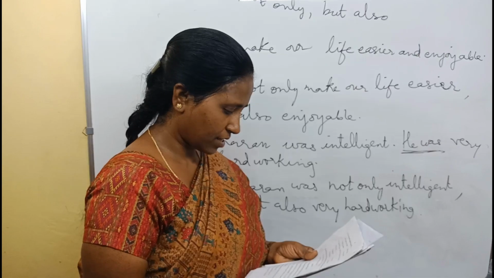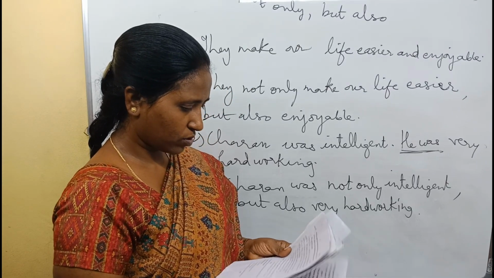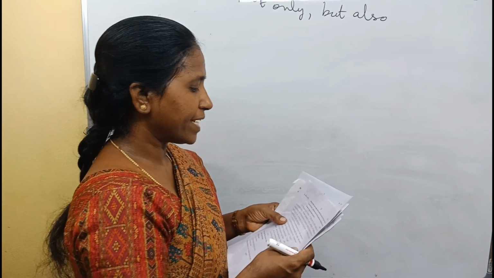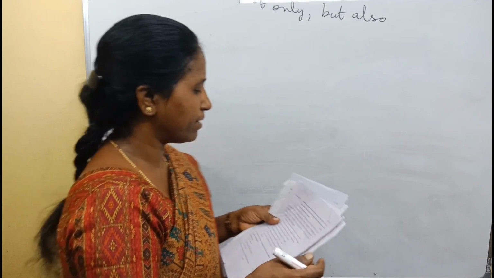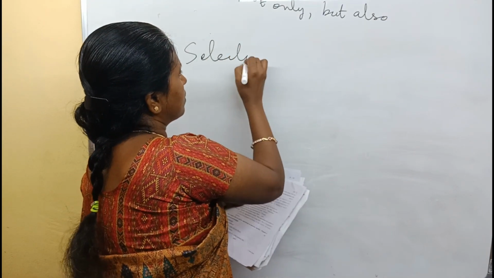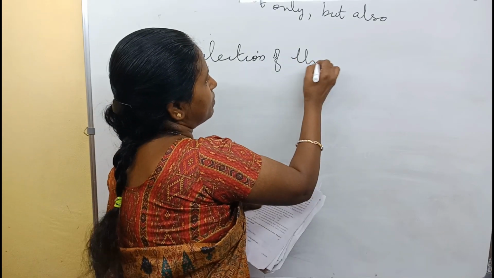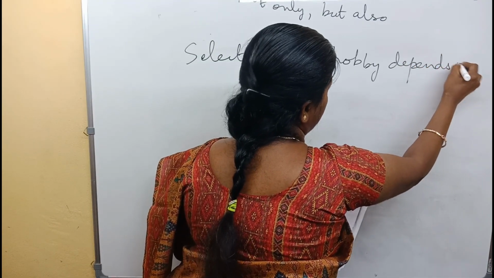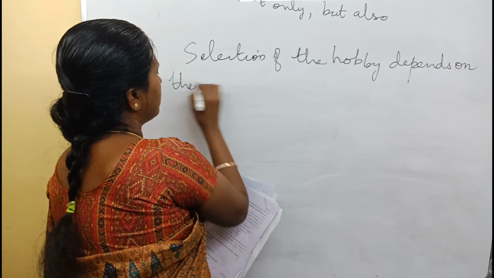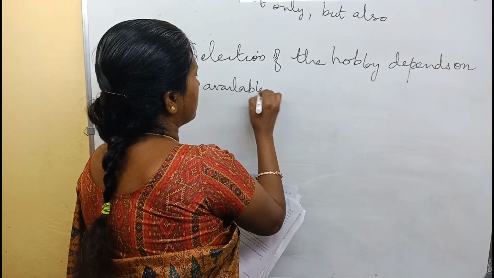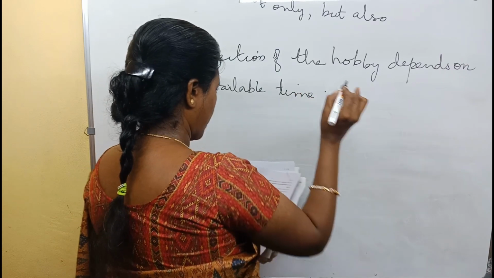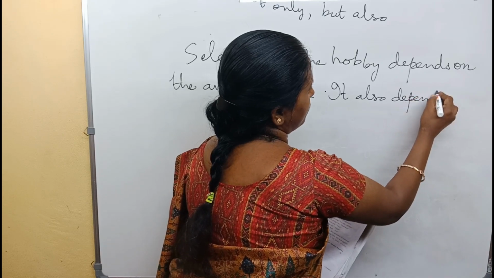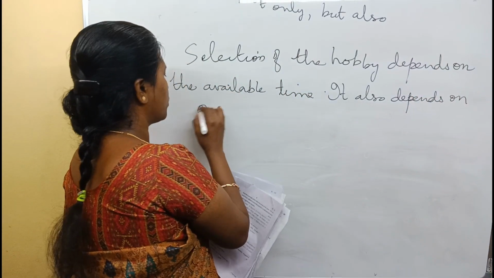Okay, let's see if there is any other thing in any other question paper using not only but also. So the next one is selection of a hobby depends on the available time. Okay, and then it also depends on one's aptitude.